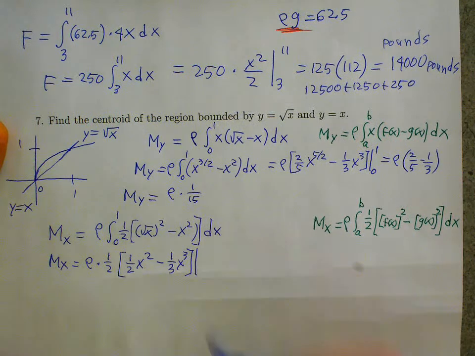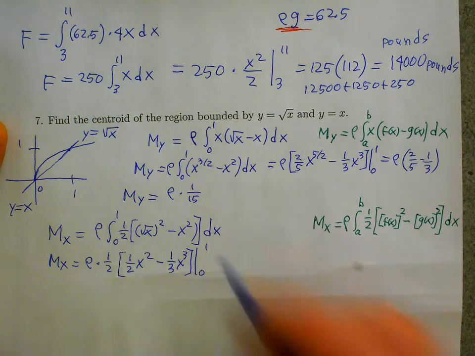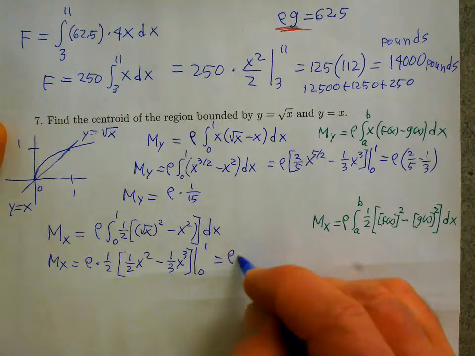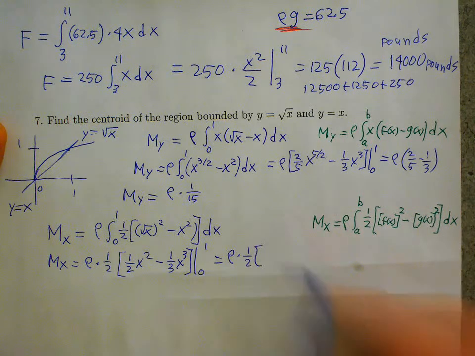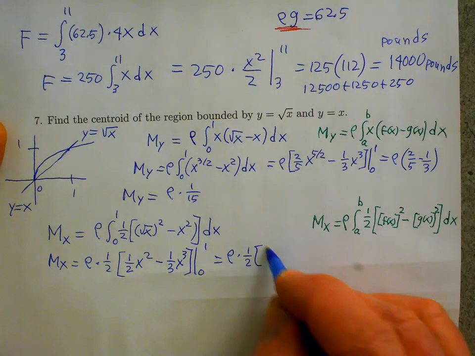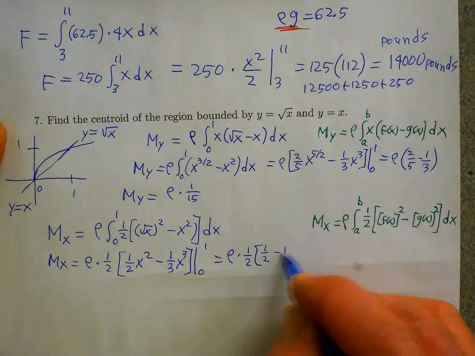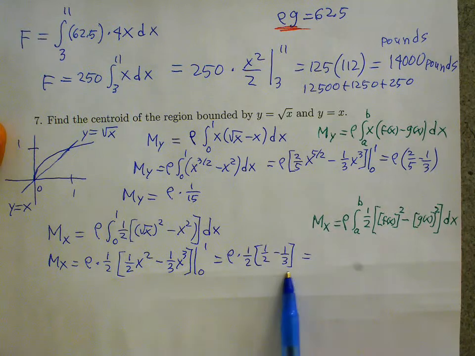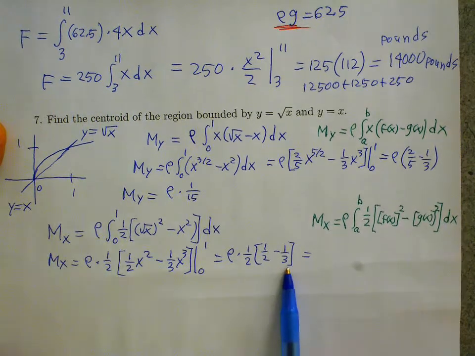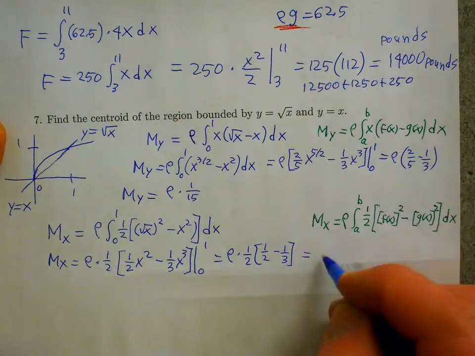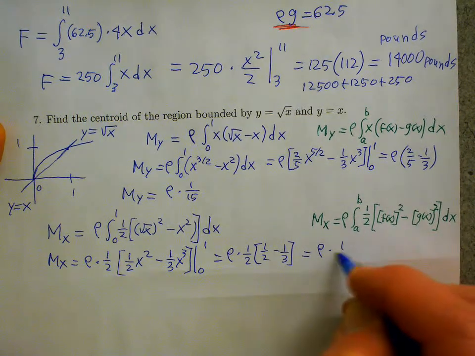And we're evaluating this from 0 to 1. So rho times 1/2, and then in the brackets, we have 1/2 minus 1/3. 1/2 minus 1/3 is 1/6. And so rho times 1/2 times 1/6 is rho times 1/12.